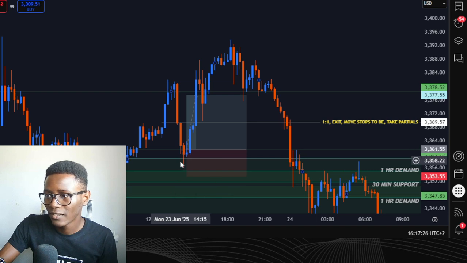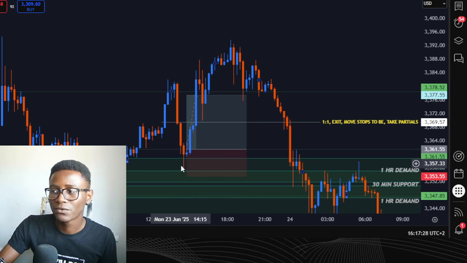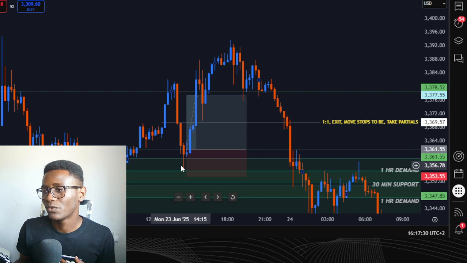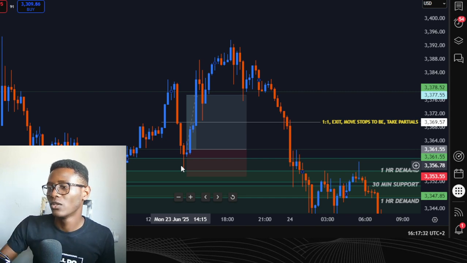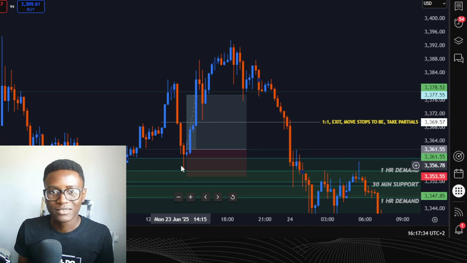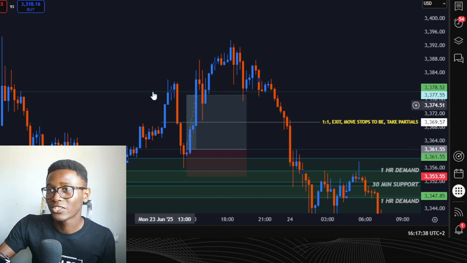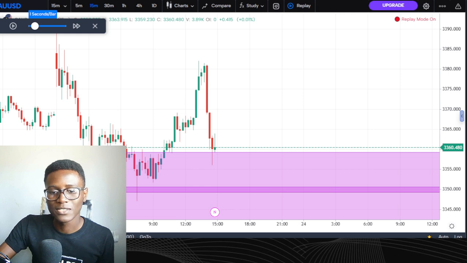Okay, this is what we usually would look for in order to take a trade. And right after this rejection, I went down to, as you guys know, the tick chart. And the tick chart is basically where I go to see and find what is the best possible entry for what's happening right now, for the setup that we have on the 15 minutes.